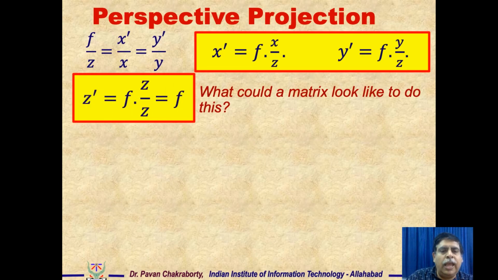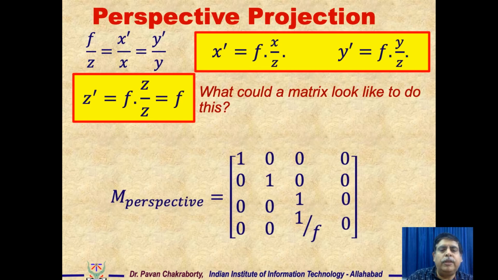So, and of course z prime is equal to f. Now let us, for the sake of argument, take the perspective projection matrix as shown here in this figure.